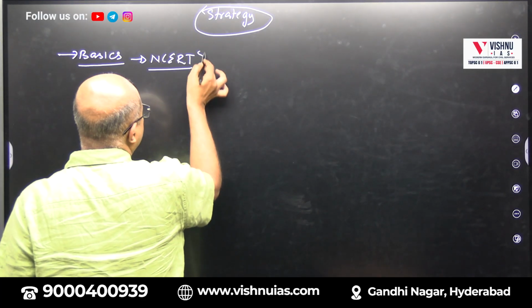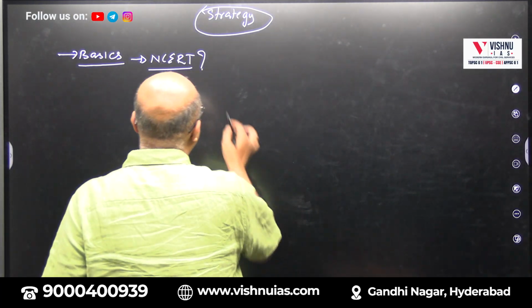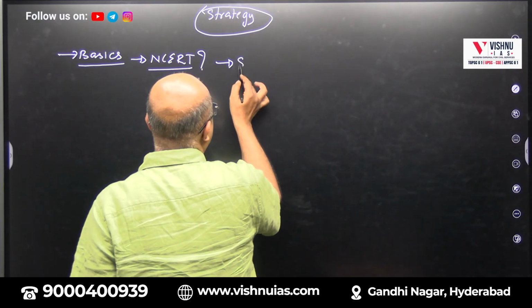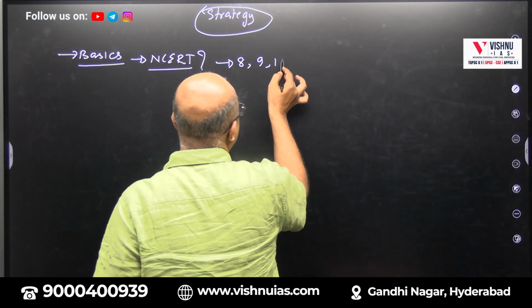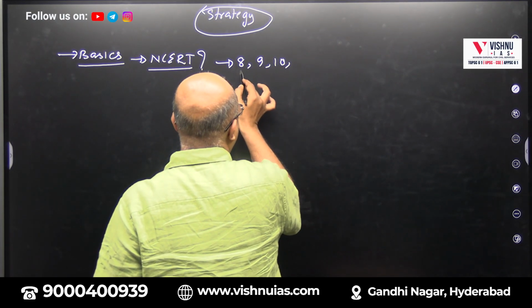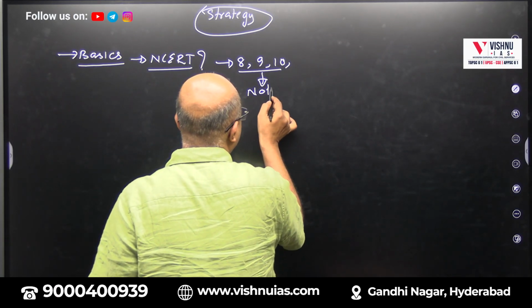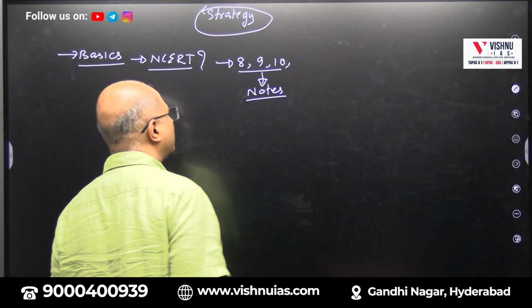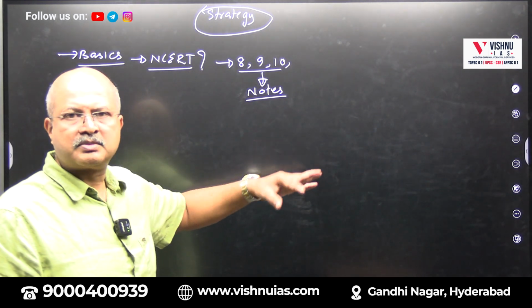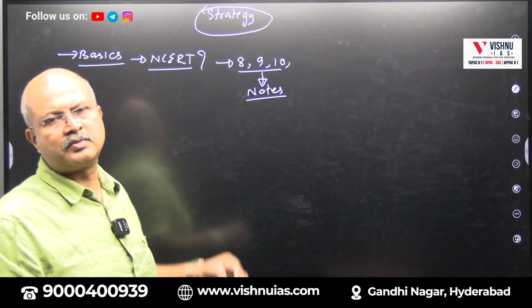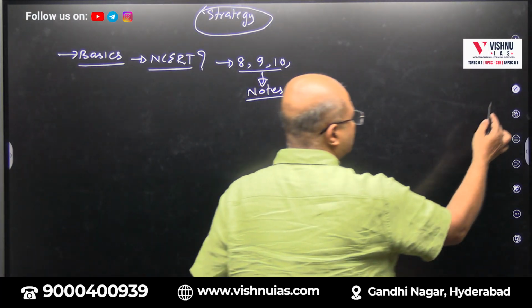Now, which NCERTs you have to read? So, you can start reading NCERT of class 8th, 9th, 10th and make notes from these. Read the 8th class book, 9th class book, 10th class book, and make notes of this.